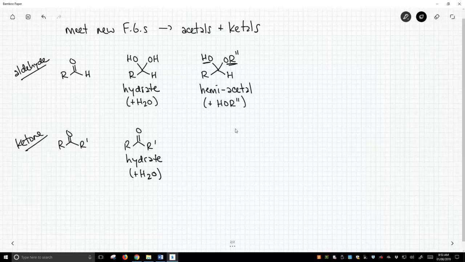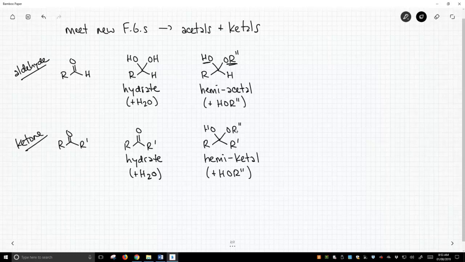No surprise down below, we can also add alcohols to a ketone. And so we get a hemi. It's not going to be an acetal, it's going to be called a ketal. And again, here we are adding an alcohol.